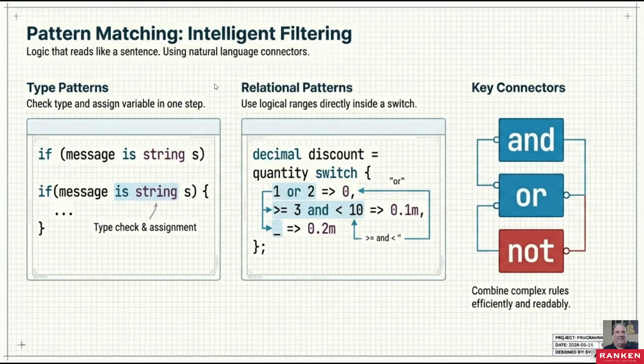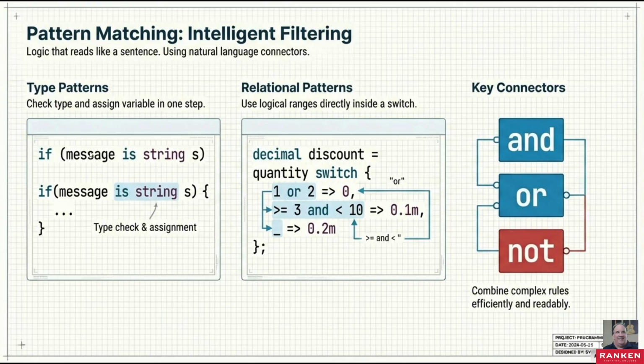Okay, let's talk a little bit about pattern matching. The intelligent filtering, so logic that reads like a sentence using natural language connectors. Type patterns check type and assign variables in one step. So you can do if message is string s.